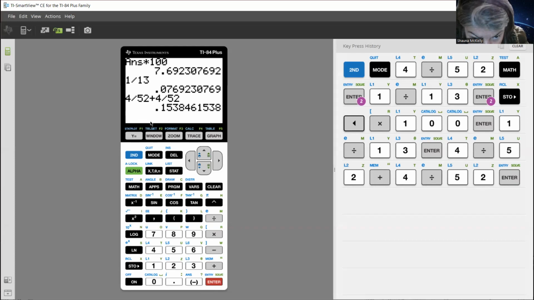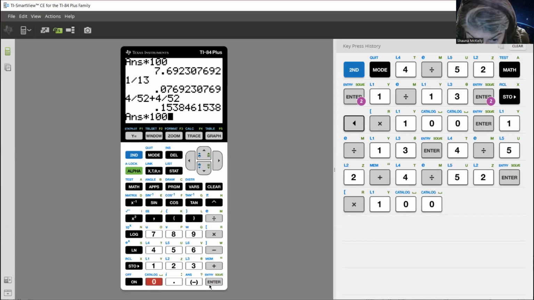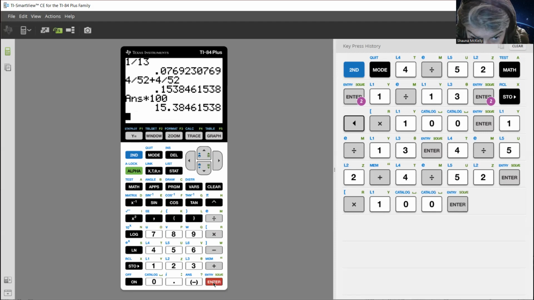Here's my decimal. If I want to know the fraction, let me do the percentage first. So I multiply by 100 to get my percentage here, which is 15.38.